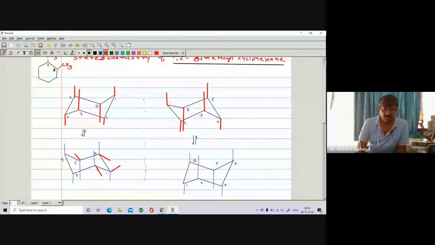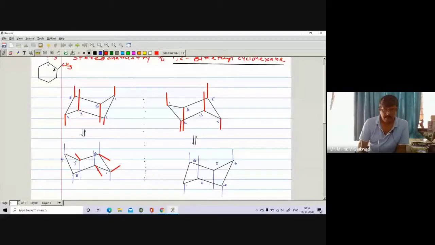This bond is parallel to C1 C2. This bond is parallel to C5 C6. So in this way, you have drawn all the axial and equatorial bonds. You will observe that the axial bond becomes equatorial and the equatorial bond becomes axial.